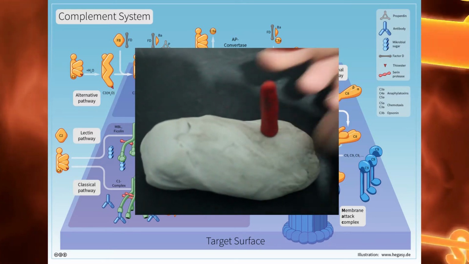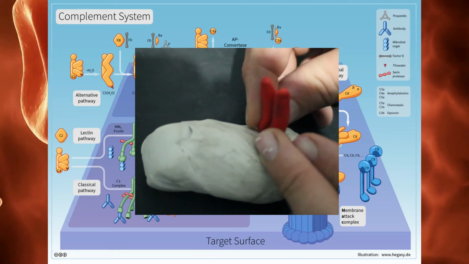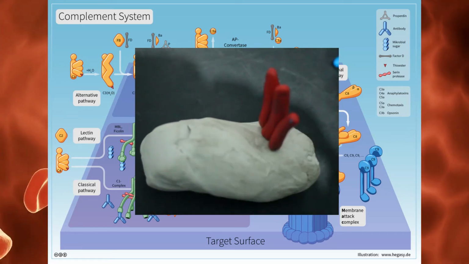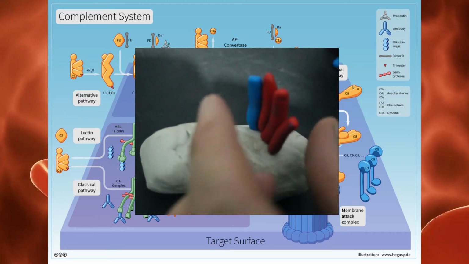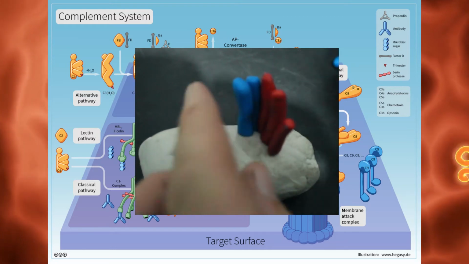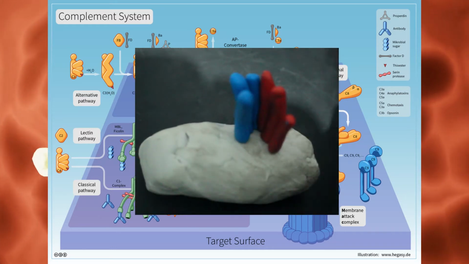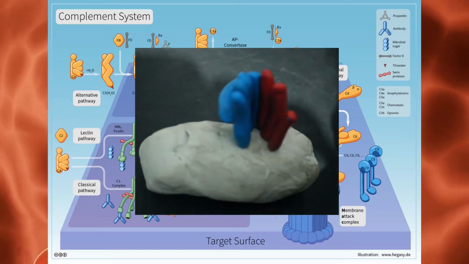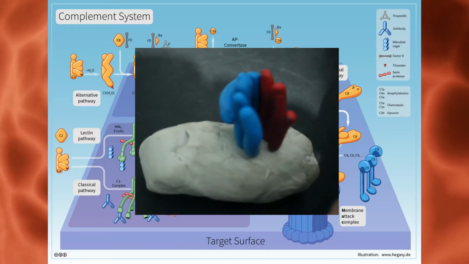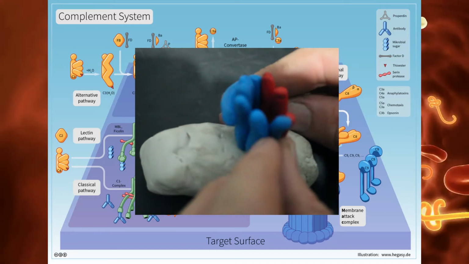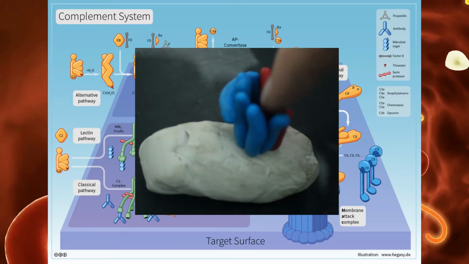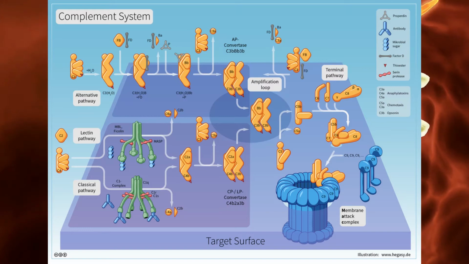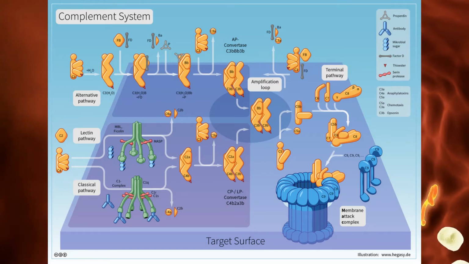These together create the membrane attack complex, and it is the final form of the complement cascade. What happens here is it all forms together and turns into something very much like a tunnel. The tunnel punches through the membrane of whatever it's been attached to and allows for the movement of water into the pathogen. The pathogen then swells and lyses.